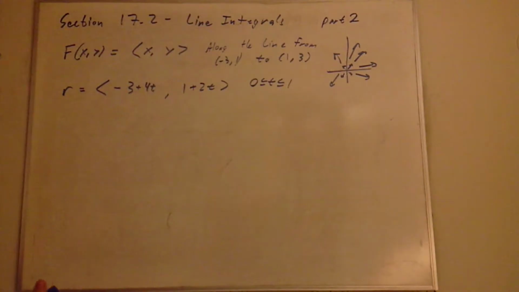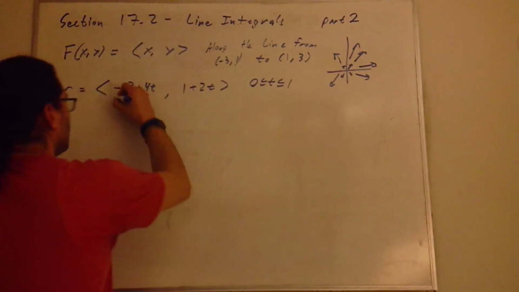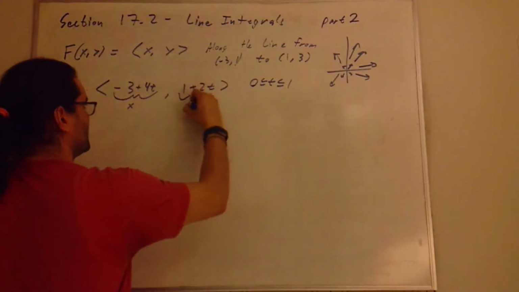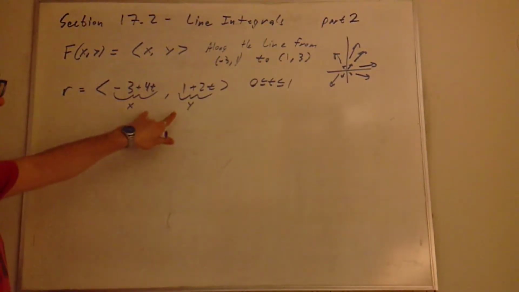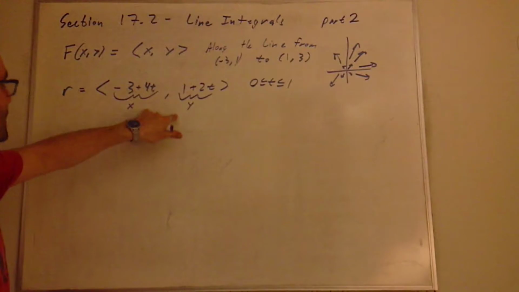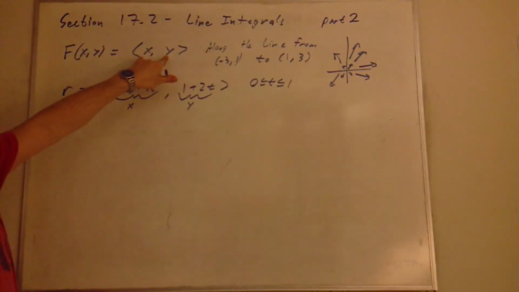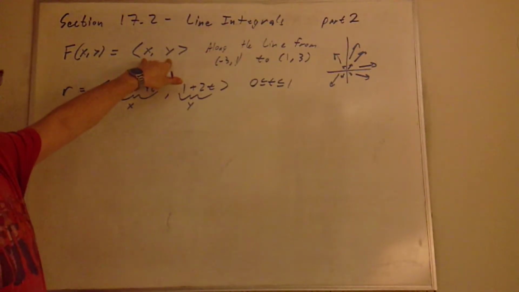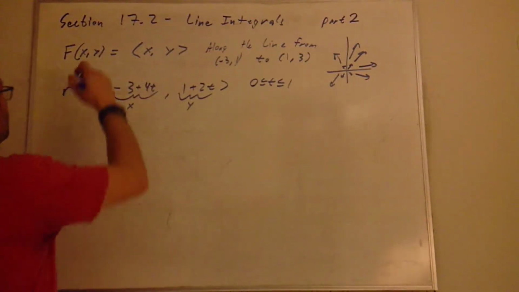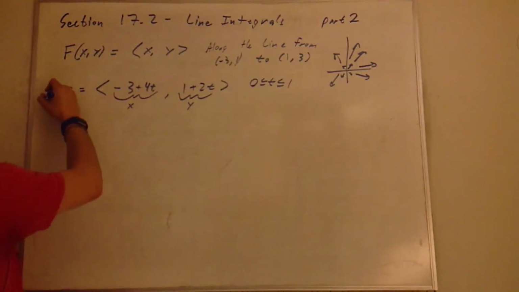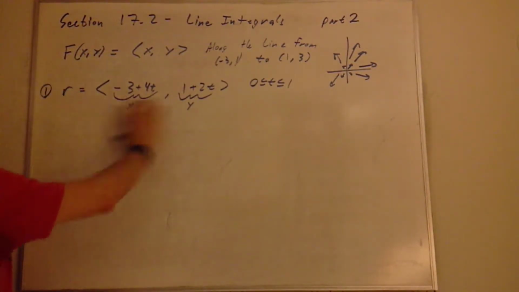So that's how we parameterize a straight line. This piece is our x. This piece is our y. We need to keep that in mind when we get to step 3, where we need to express our vector field in terms of t. That'll be important. But right now we're not there yet. This is just step 1. We have our r. It's taken care of.